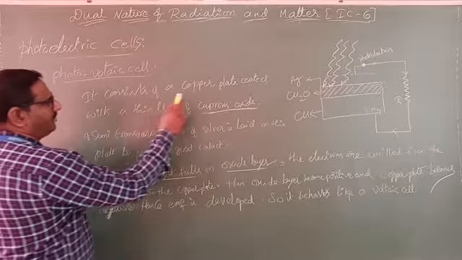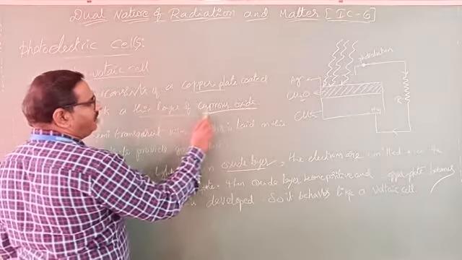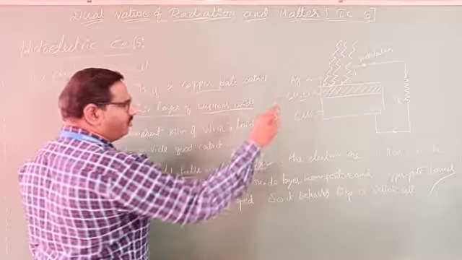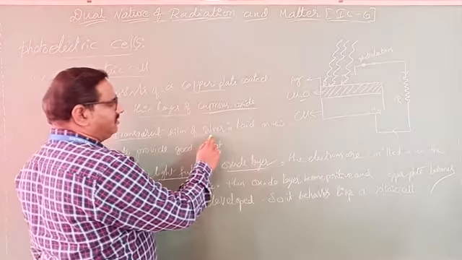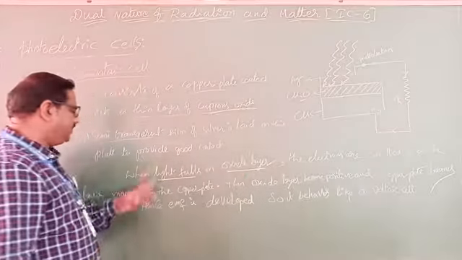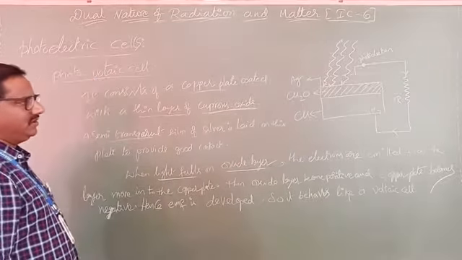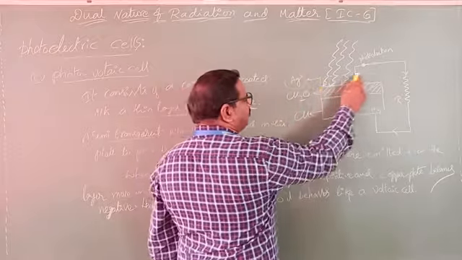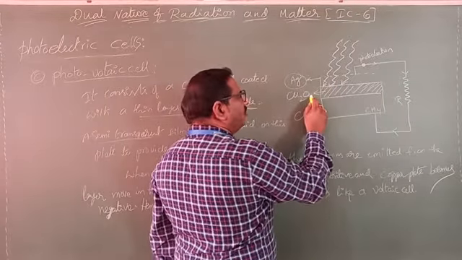It consists of a copper plate coated with a thin layer of cuprous oxide, Cu2O. A semi-transparent film of silver is laid on this plate to provide a good contact.